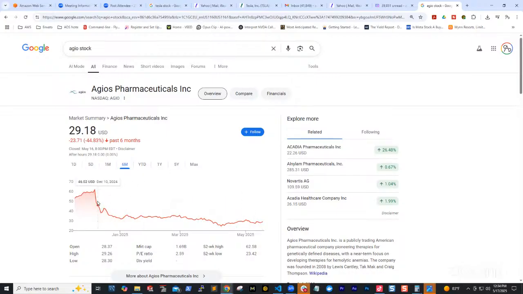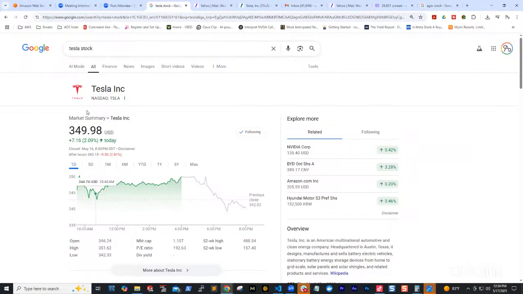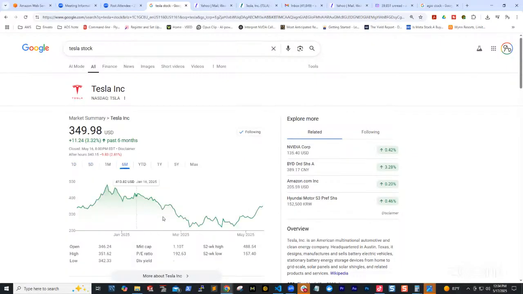So that's why I was using the word confident, because when you buy any penny stock or stuff like that, sometimes they just don't go back up when they go down. But if you buy a company like Amazon or Tesla, let me show you Tesla's 6 months chart. You can see up, down, up, down, up, down, up, down, up, down here, then up here, right?